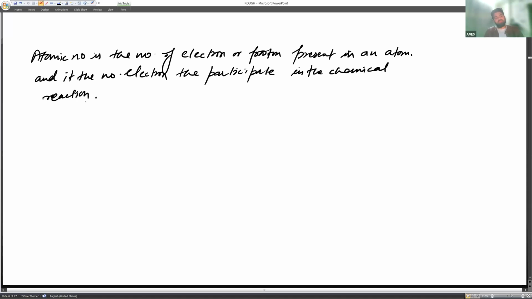For this one, you need to understand that atomic number is the number of electrons or protons present in an atom.